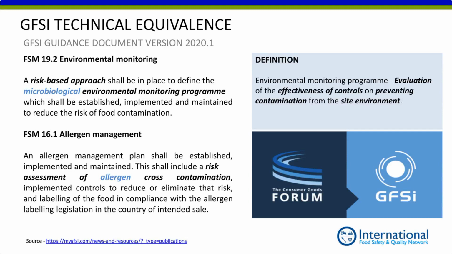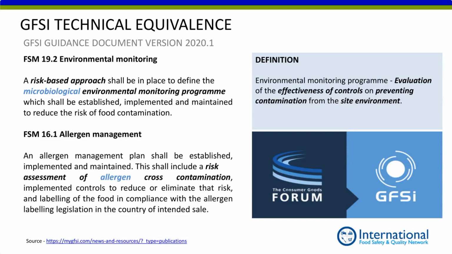Okay, so this got me thinking. When you say effectiveness of controls, I understand that you have to have some implemented controls in your environment on preventing contamination. And then it got me thinking about what kind of contamination, because we can have microbiological contamination, like they explained in the requirement on the environmental monitoring, but then we also have allergen contamination.